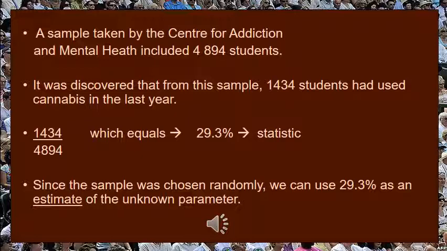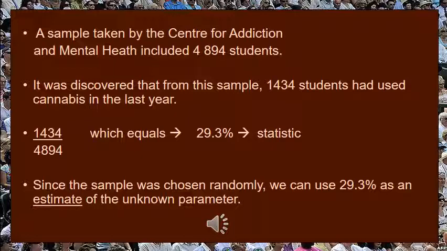A sample was taken by the Centre for Addiction and Mental Health of Ontario. This sample included 4,894 students. That's a pretty large sample. And from that sample, it was discovered that 1,434 students had used cannabis in the last year.